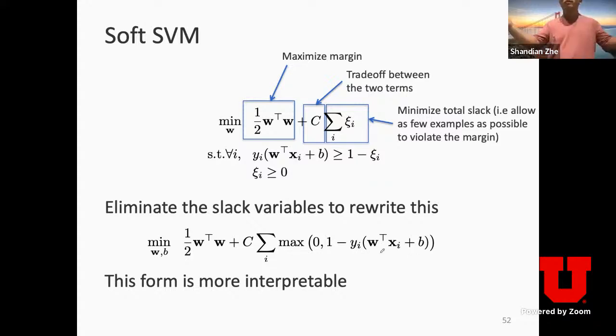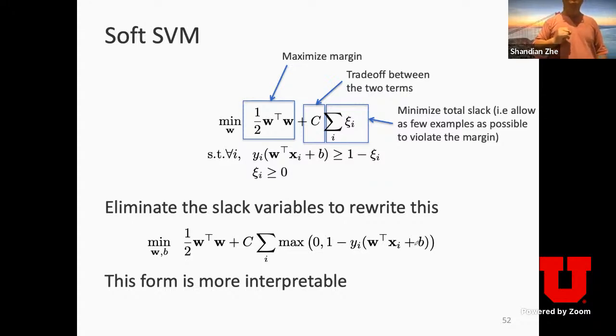And of course, ξi can be even larger, but that won't be the minimum one. The minimum of ξi will be the bigger value between 0 and 1 minus the function margin, right? And that will guarantee ξi is not only minimum, but also satisfies both constraints.